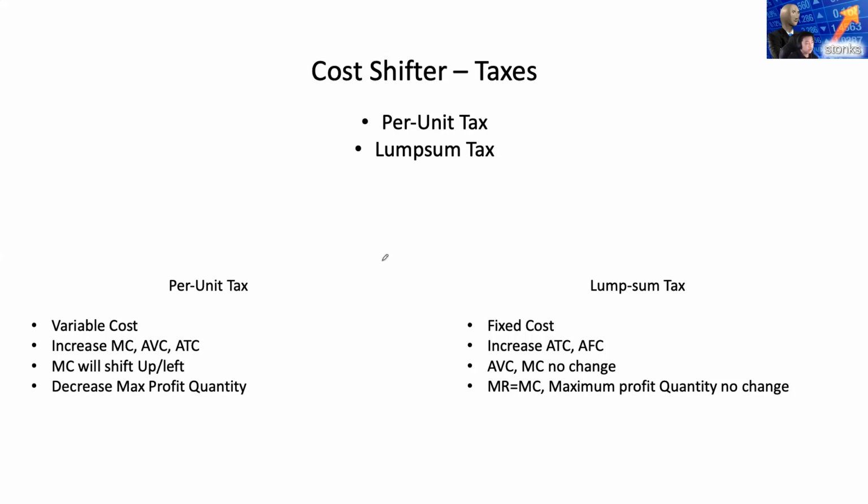Versus I'm this huge company making millions of units per year, I'm going to get taxed the same as the guy who shut down. So that's the lump sum tax. But you get the idea. And it increases the average total cost, since total cost is variable cost plus fixed cost, and it increases the average fixed cost.